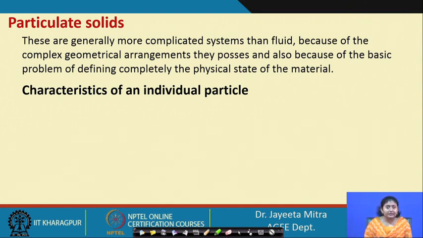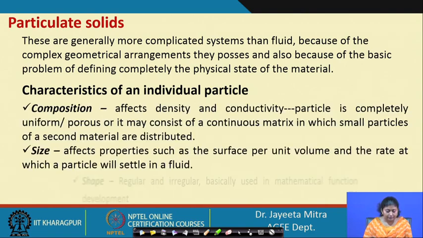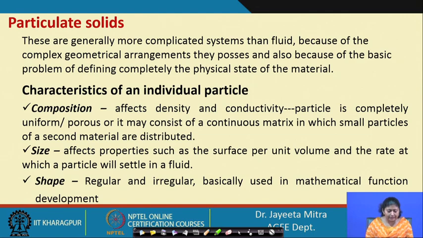There are many irregularities in particulate solids in their shape, size and uniformity, because sometimes they may form a clump, sometimes there will be a porous structure with many air pockets. And obviously, size and shape non-uniformity is a major concern. So, all these are there.